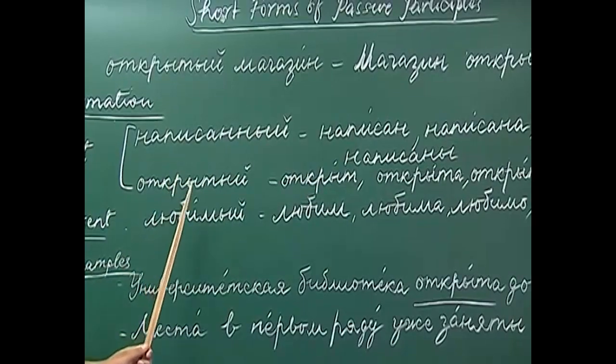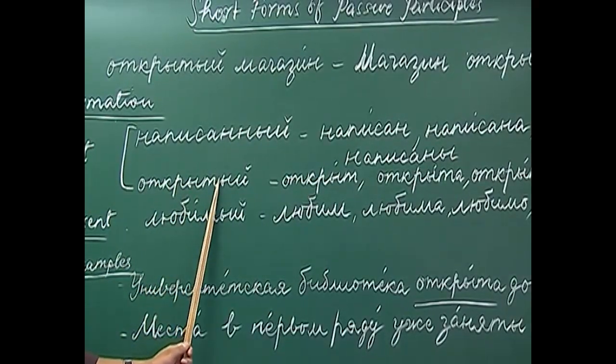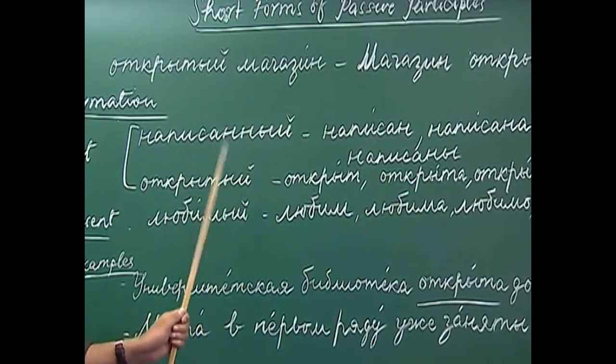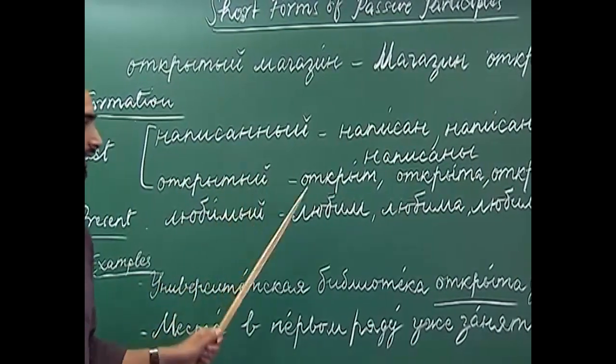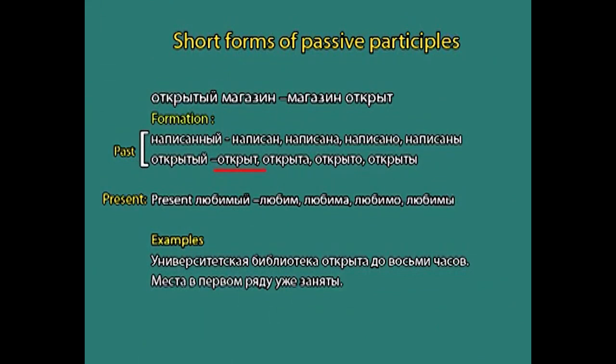What do we do? We just remove the adjectival ending that we had added while forming the passive participle. Just remove that ending and you will get the masculine form открыт. Add а to get its feminine form открыта, add о to get its neuter form открыто and add ы to get its plural form открыты.